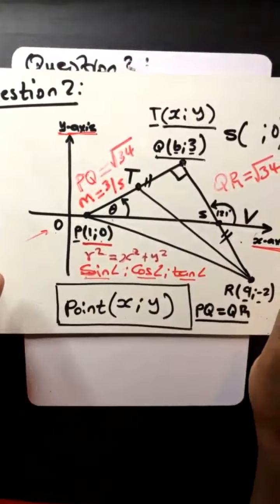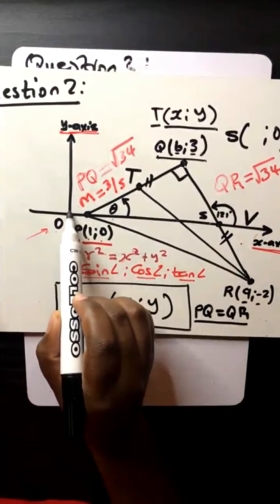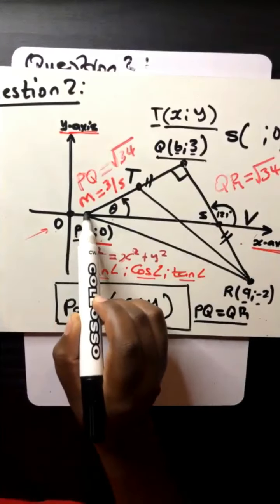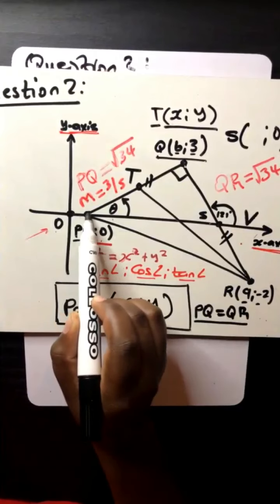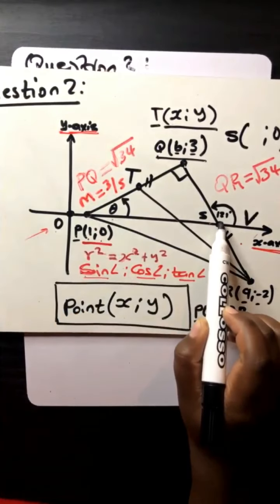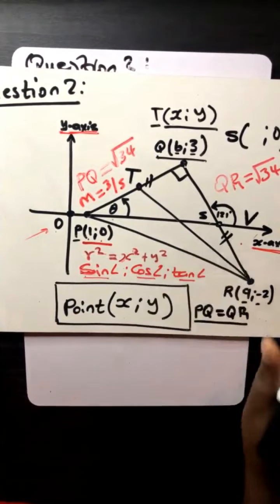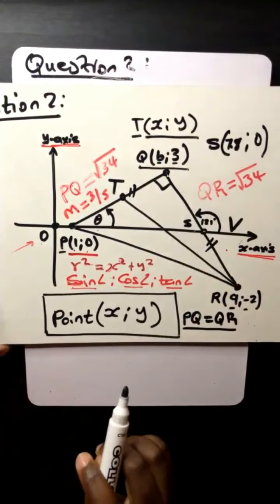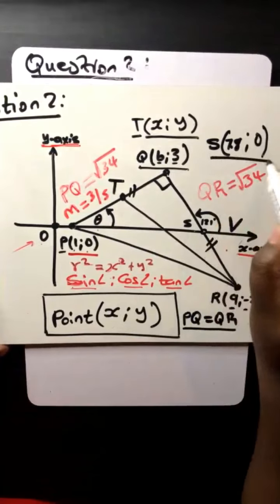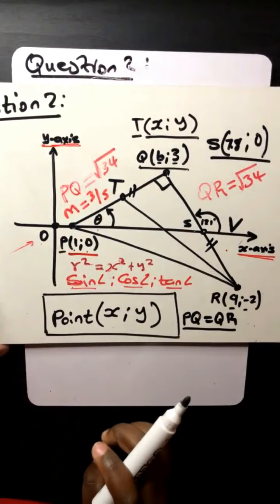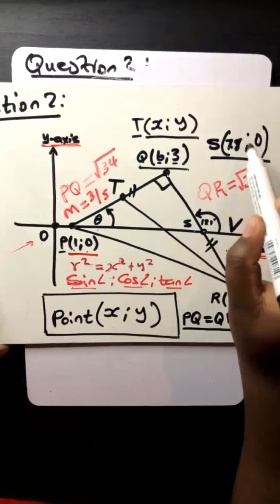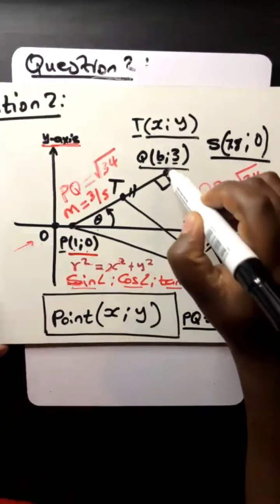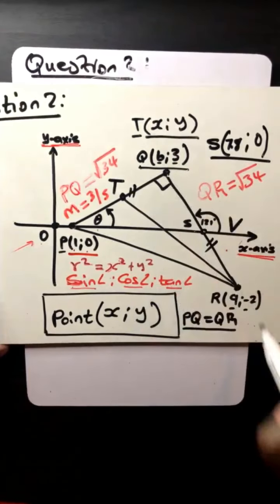But now, remember, from the origin to there, it's 1. So that means 1 plus that length is going to give us the x value there. So 1 plus 6.8 is going to be 7.8. So I'm just suggesting this as a second possible way to determine the coordinates of S, as opposed to using a straight line, of which if you use a straight line, you will still be 100% correct.